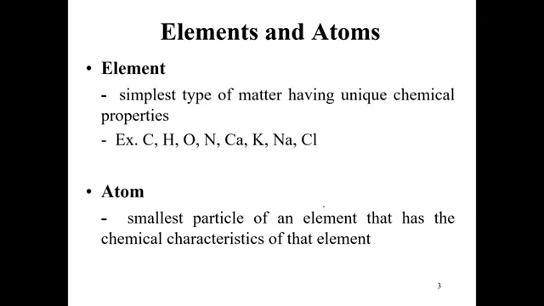An atom, on the other hand, is the smallest particle of an element that has the chemical characteristics of that element. So elements are made out of atoms of that element.